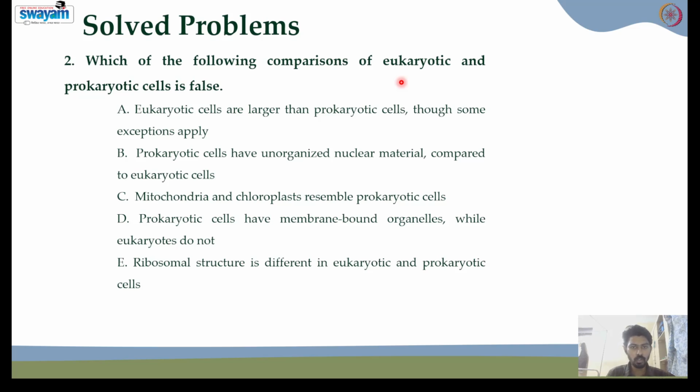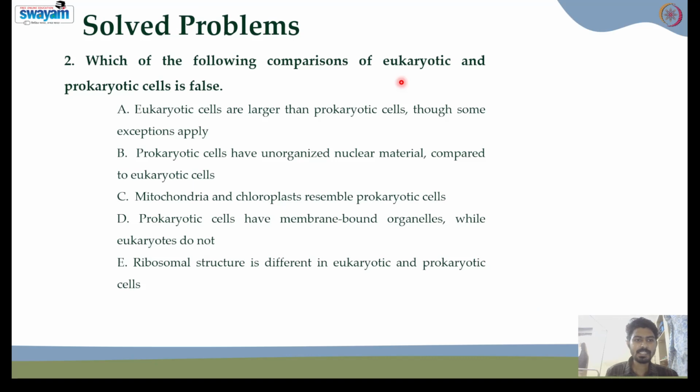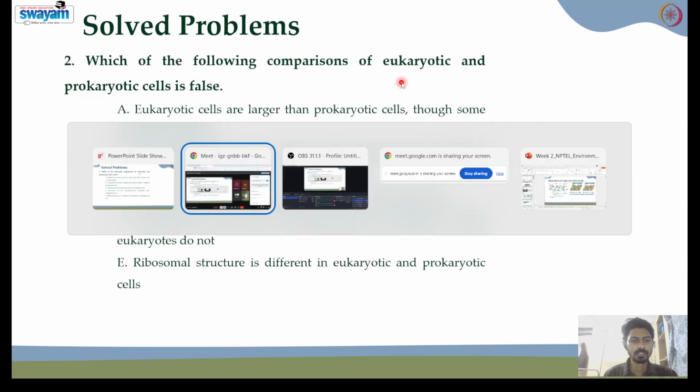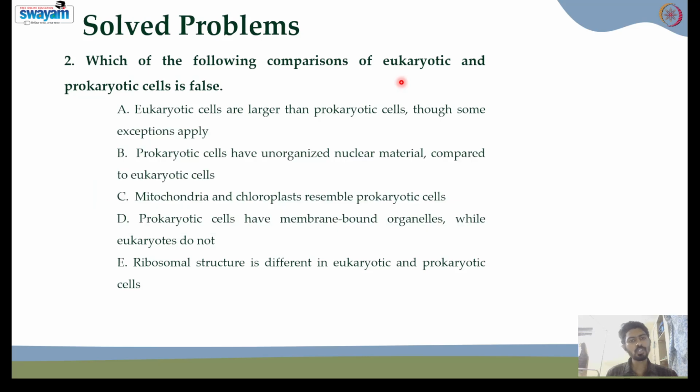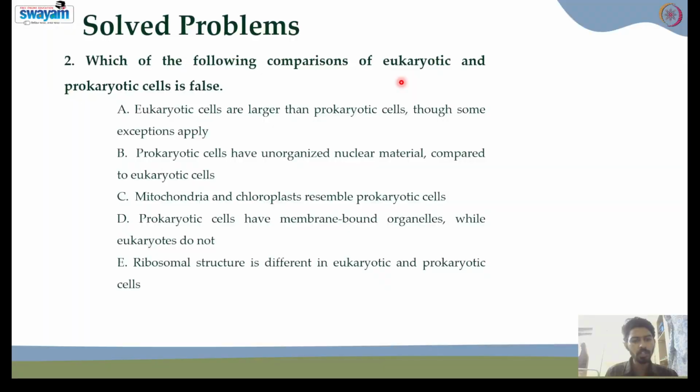So please go through the question. Which of the following comparison of eukaryotic and prokaryotic cell is false? Which of the statements is false? You can post your answer in the chat box or you can unmute the mic.